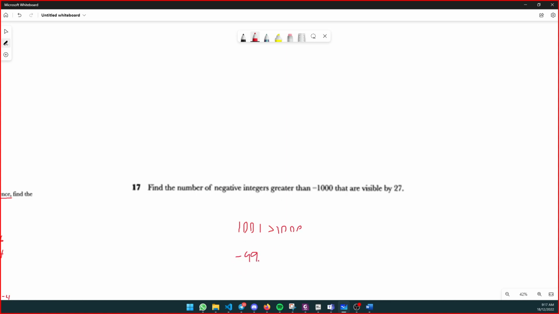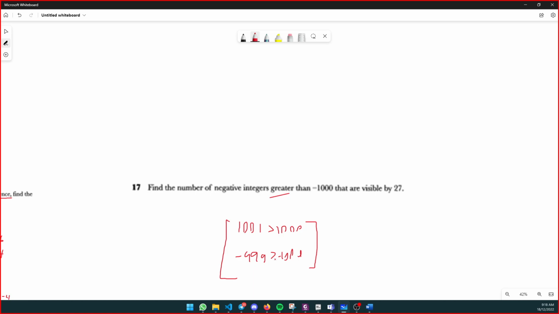Negative 999 is bigger than negative 1000. Sometimes we forget something very simple like this. So when it says greater, the number itself will be smaller in magnitude, because it is negative, so it is bigger.